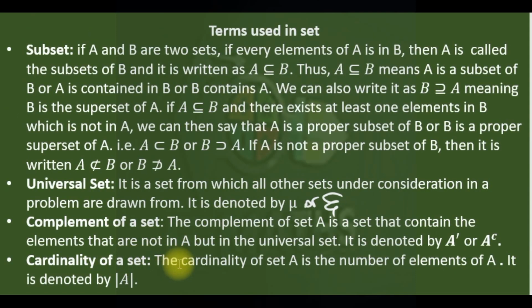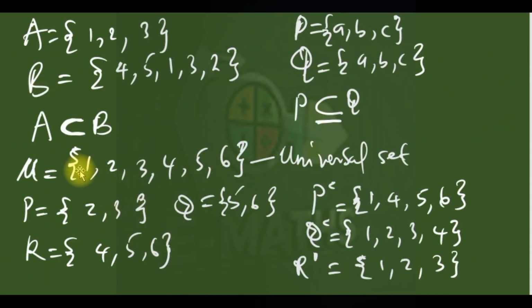So there's what we call the cardinality of sets. We normally write it like the absolute value of A. It's just the number of elements of a set. It's called the cardinality. Like this, the cardinality of P: how many elements are there here? It's the number 2.